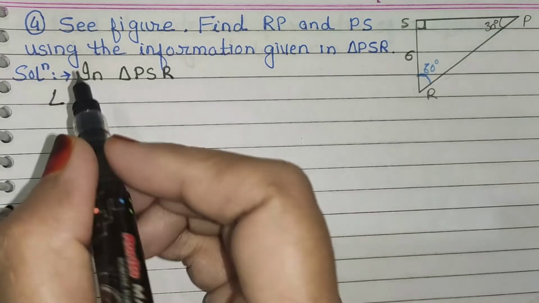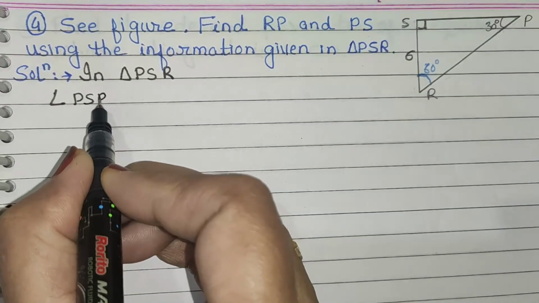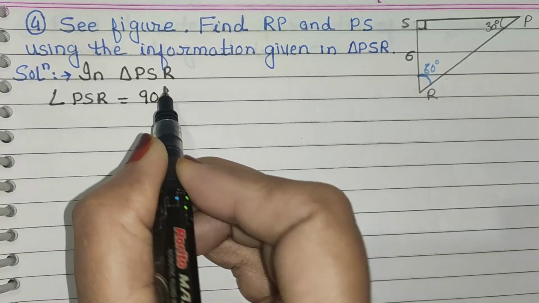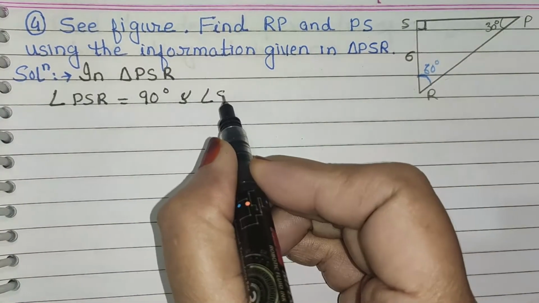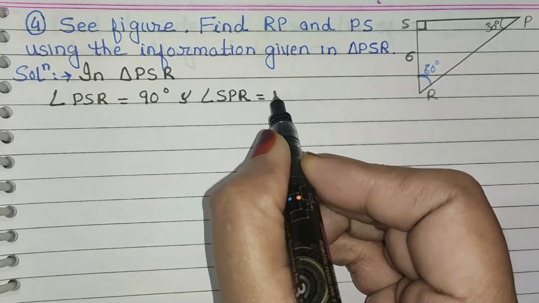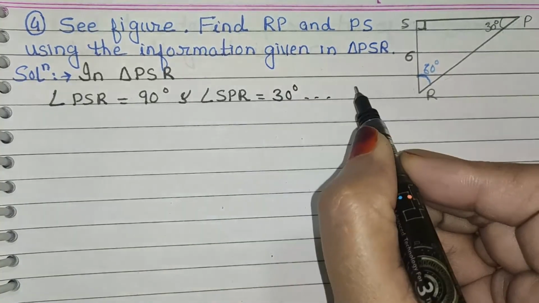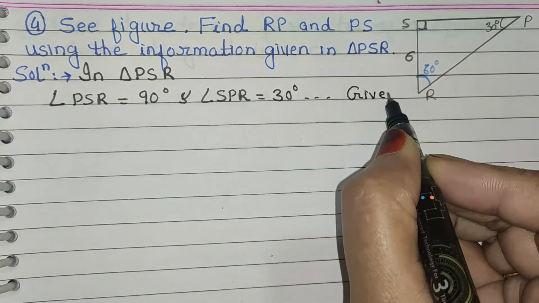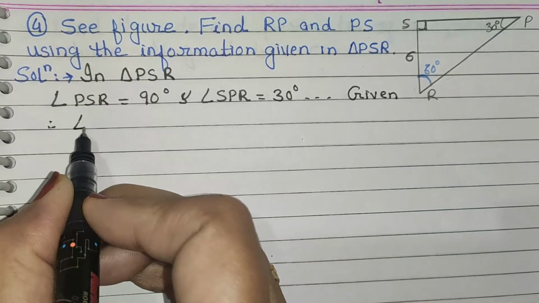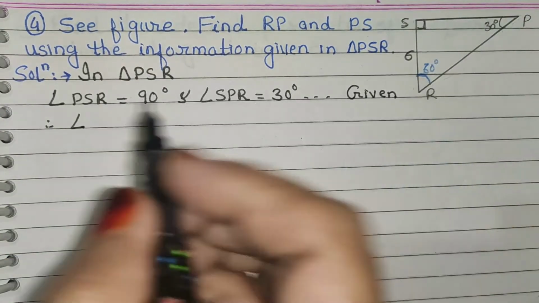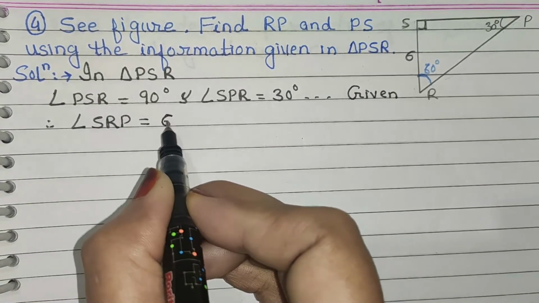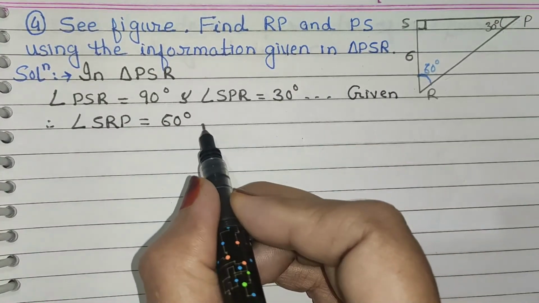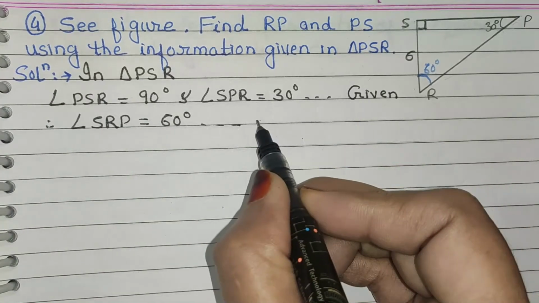In triangle PSR, angle PSR is equal to 90 and angle SPR is equal to 30 degree. It is given. Therefore, angle SRP is equal to 60 degree because it is the remaining angle of a triangle.